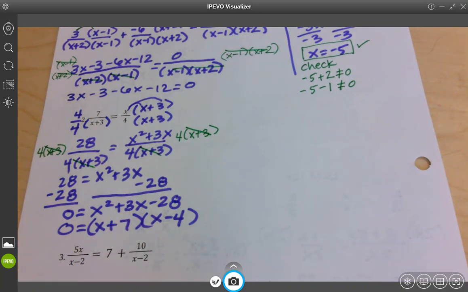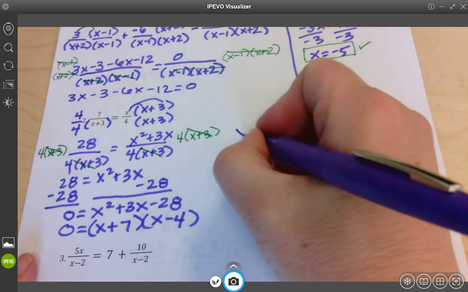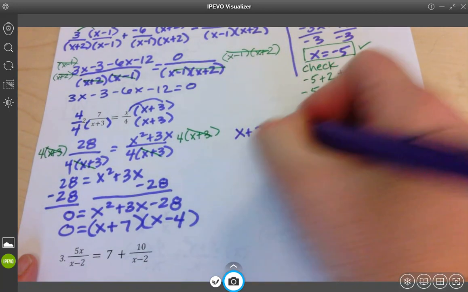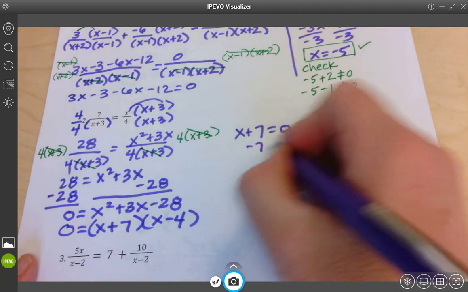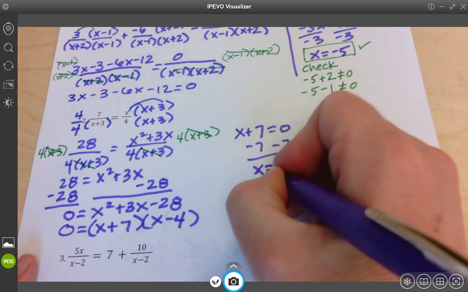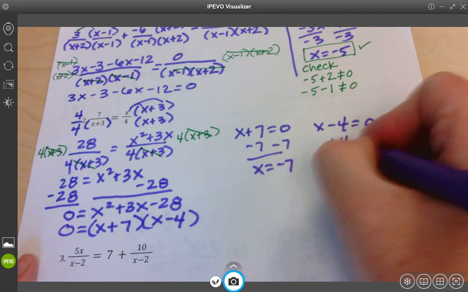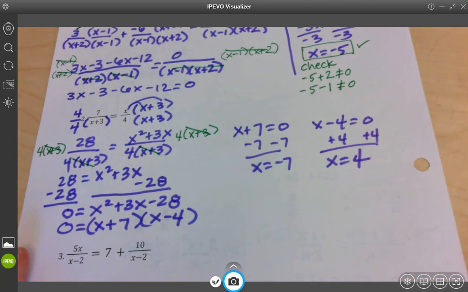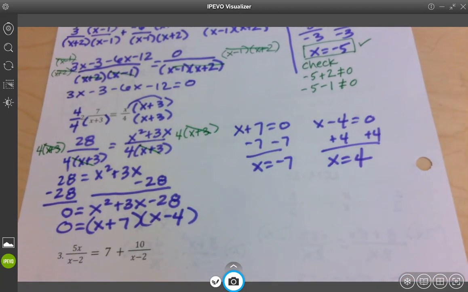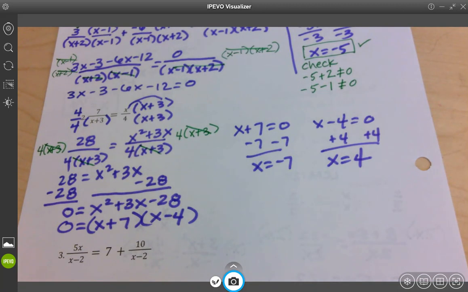Now, the zero product property tells us if the product of two things is 0, one of them has to be 0. So now we can set both of your factors equal to 0. We have two solutions.